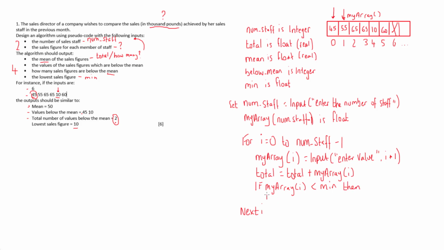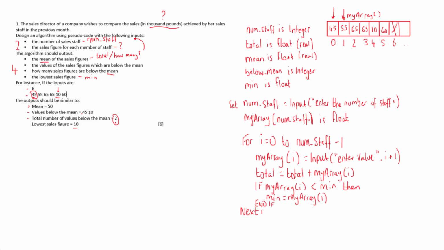Then I'm going to set the minimum value to equal or be assigned my array at the position of I. So the thing in my array is now going to overwrite whatever's stored in minimum. So if this thing is the minimum value, put that thing in my array inside the minimum value variable. And that means as I go through, it will work out the minimum value. And I'll end my if there.